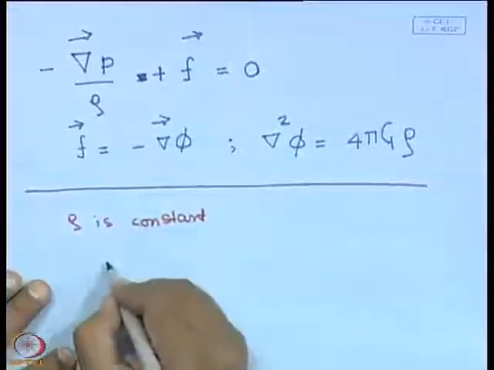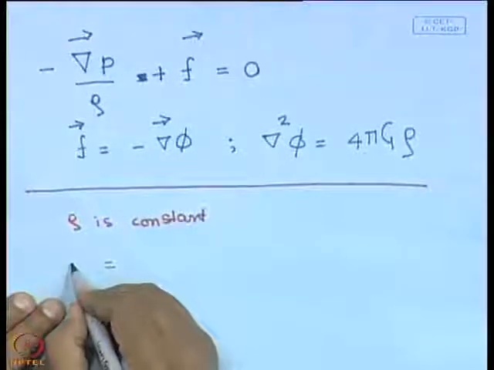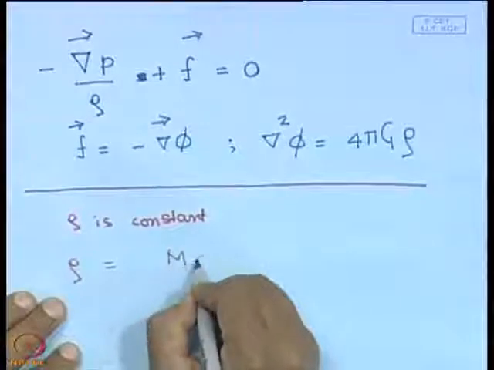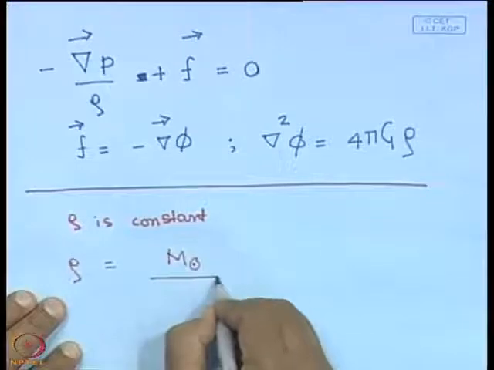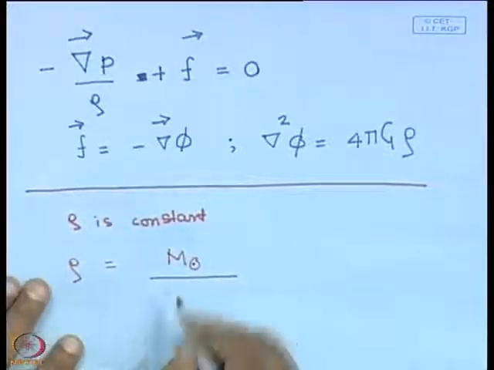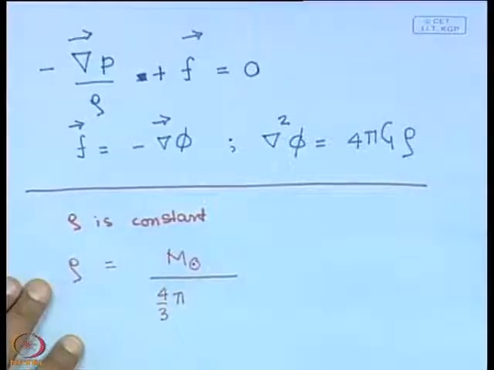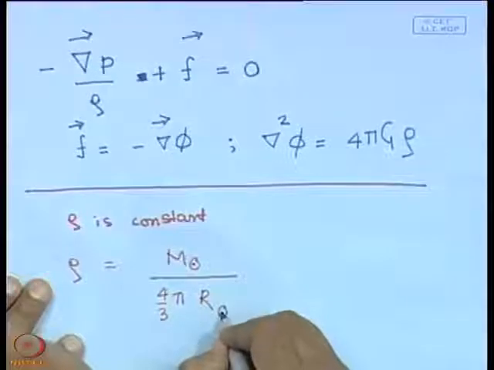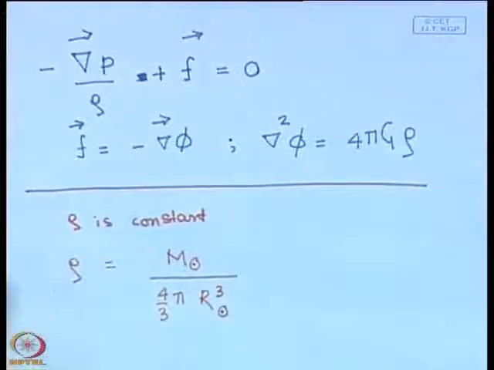So this value of the mean density is the mass of the sun, which I have already told you the value, divided by the volume of the sun, which is 4/3 pi R cubed, and I have already given you these values.